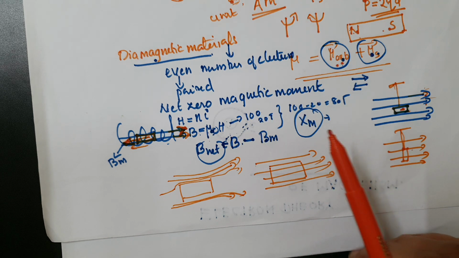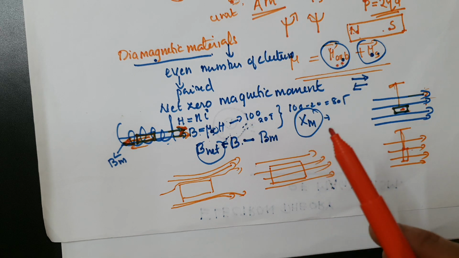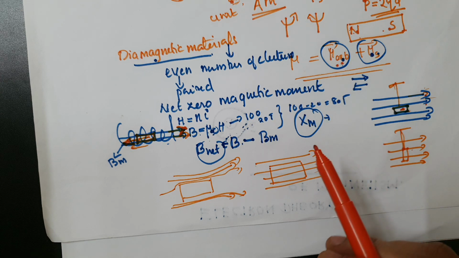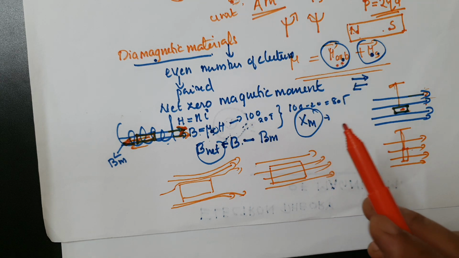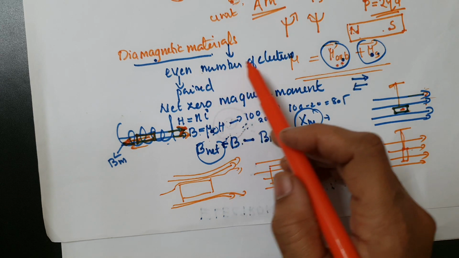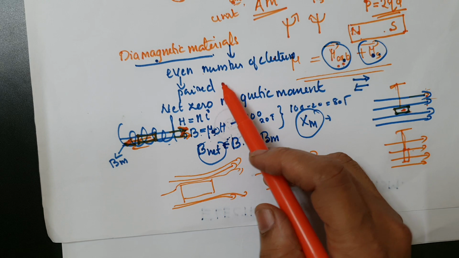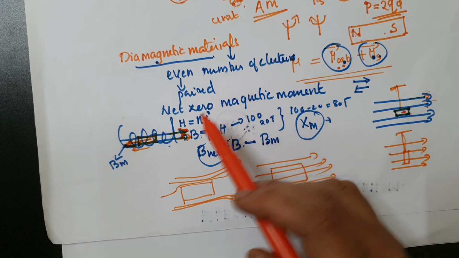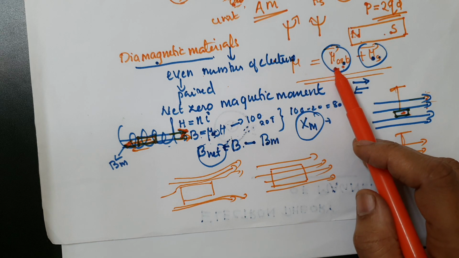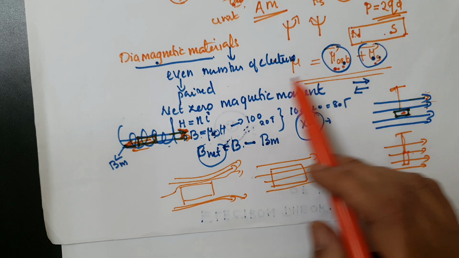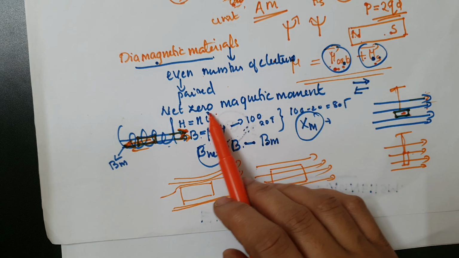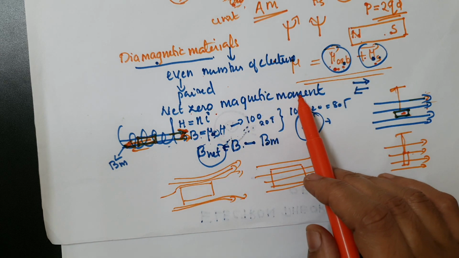So the main properties of diamagnetic material are because of the behavior of electrons in the atom. That is, diamagnetic materials are the substances in which the atom has an even number of electrons, or the electrons are paired, and because of this pairing of the electrons, the orbital and spin magnetic moments get canceled, giving net zero magnetic moment.